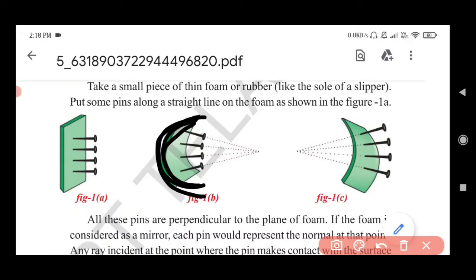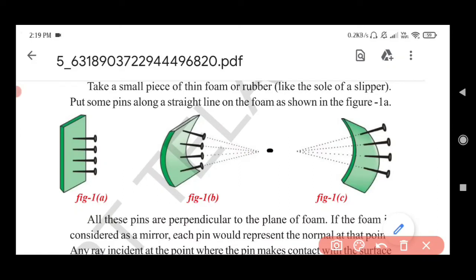Now you can see that all the pins are directed towards a particular side, isn't it? They are directed towards a particular side, as if they will merge at a particular point here. Can you notice that all the pins are directed towards this side, and it seems like they will merge at this particular point?